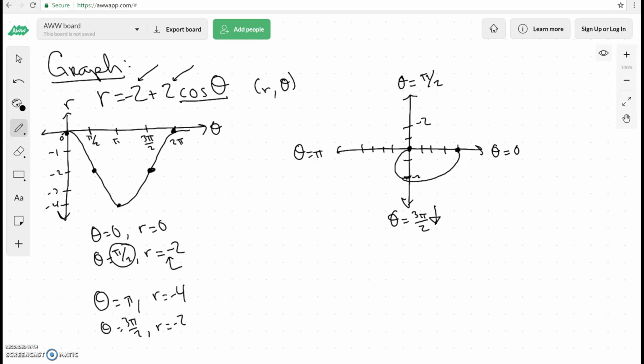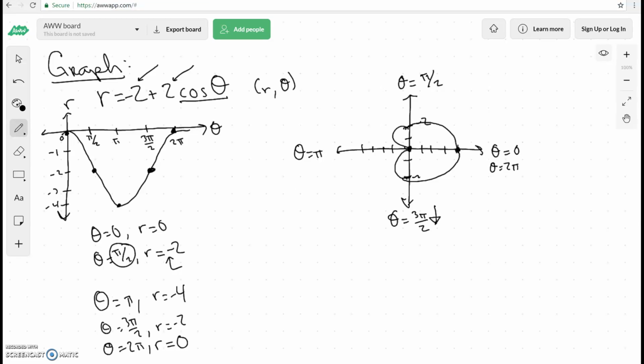This is -2 in the theta equals 3 pi over 2 direction. I'm going to try my best to draw these pictures. The last one is theta equals 2 pi. When theta is equal to 2 pi, my radius is now back to 0.